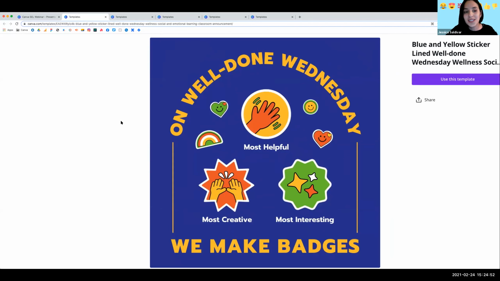I've personally used these as virtual badges as they finish a lesson with me, and students really like collecting them. It's almost like Girl Scouts, collecting the badges. It's super neat, and you can print these out as well. If we can go on to the next activity.